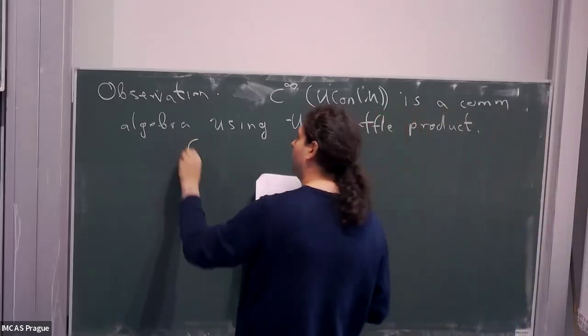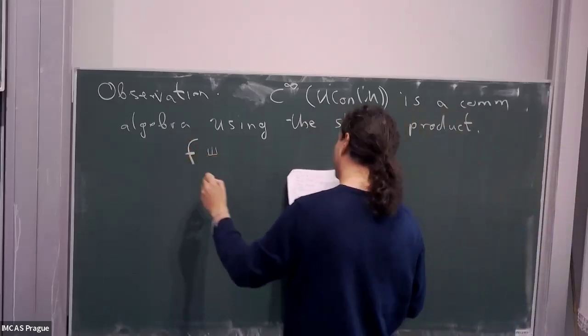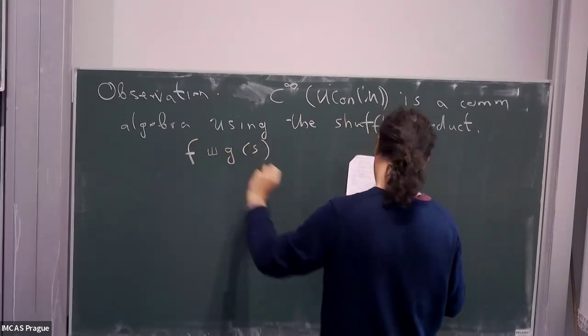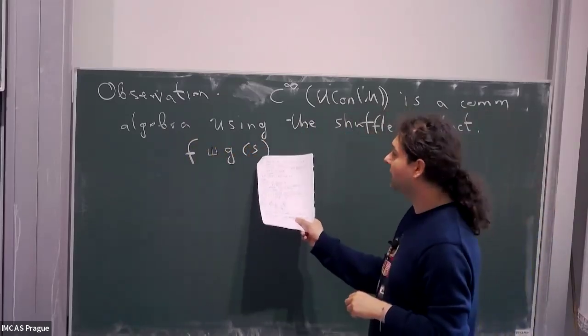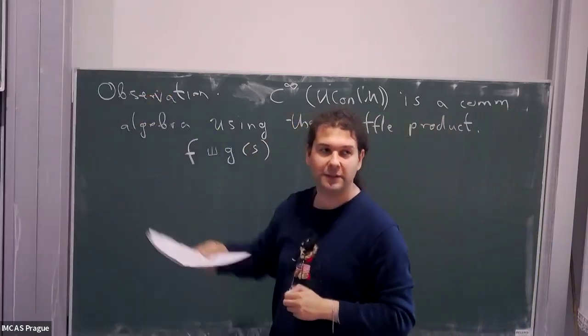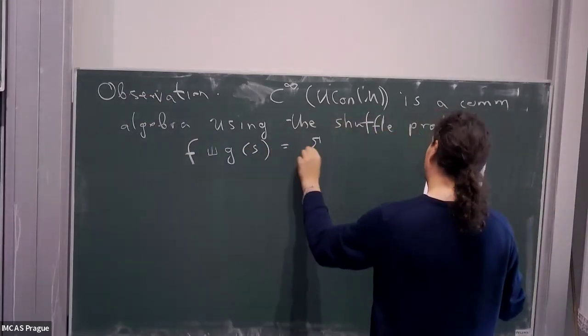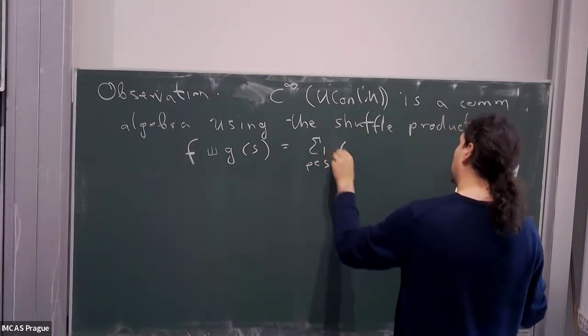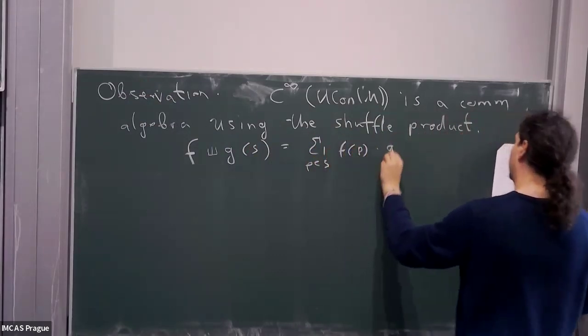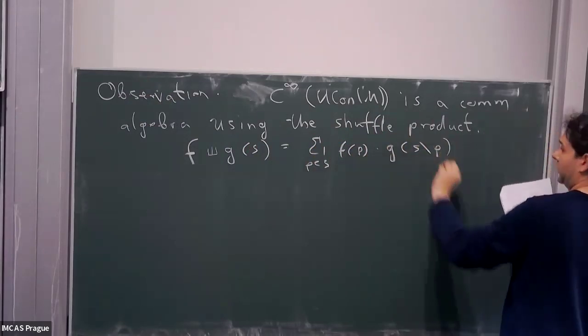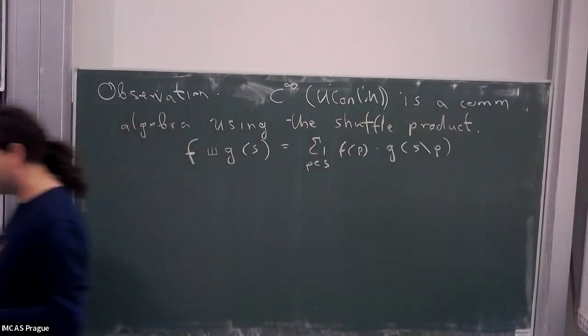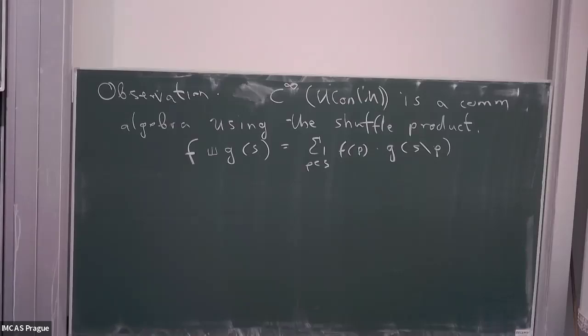So F, maybe I'll write it with the sh symbol, G on some element S: the elements of the configuration spaces are just finite subsets of the manifold, and I'll use subset notation most of the time. So it's the sum over all subsets of S of F evaluated at the subset times G evaluated at the complement of the subset. So this gives us a commutative algebra structure, and in a certain sense, what we'll try to do now is formulate a framework where we can do this for functions, for sections in vector bundles instead, so with coefficients.